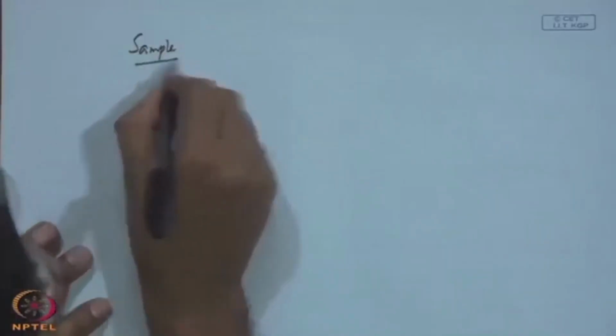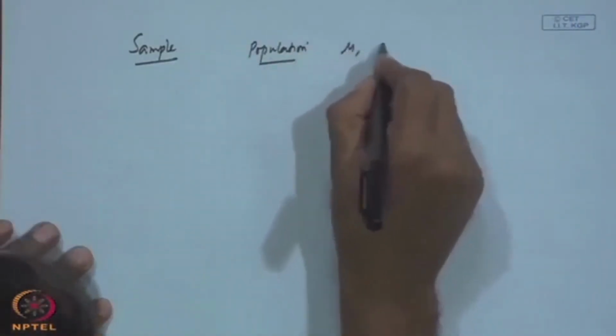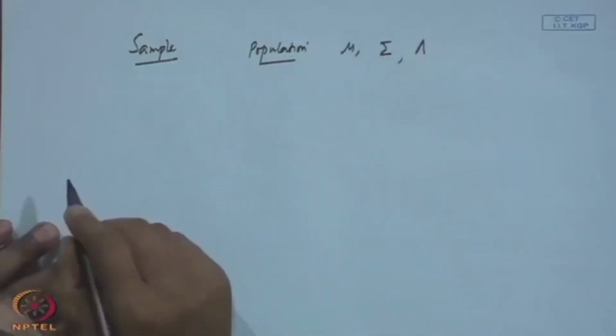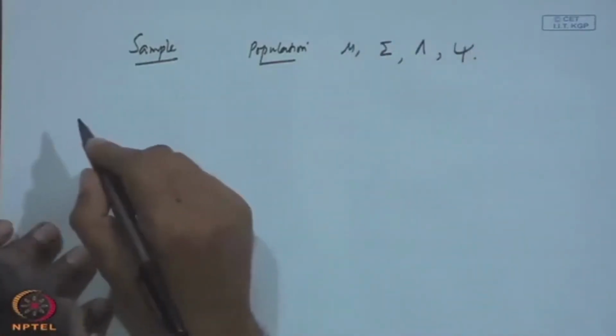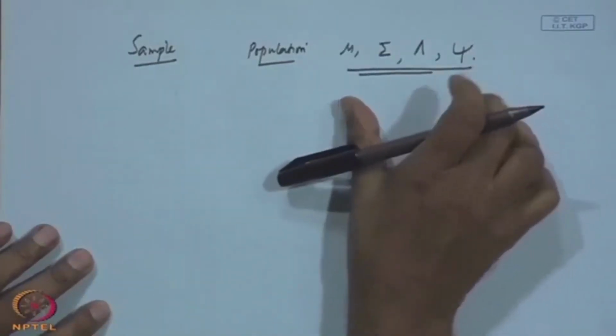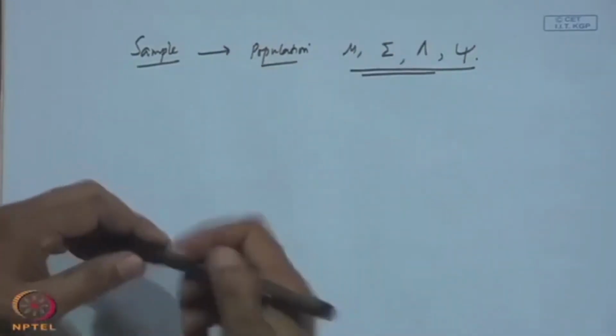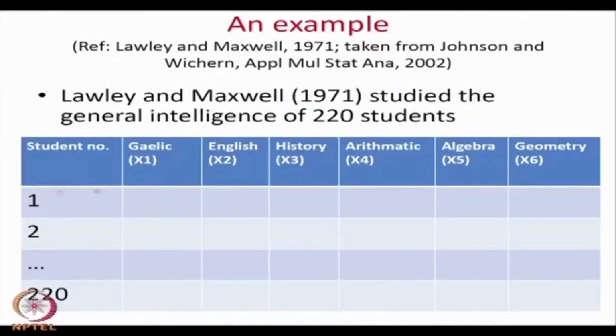Okay. So, what is happening here is that we are talking about a sample, but so far what I have discussed was for the population, because we have taken mu, we have taken sigma, we talk about lambda, we talk about psi, all those things related to the population. Definitely during estimation we will see the sample part, but let us concentrate on this example now.